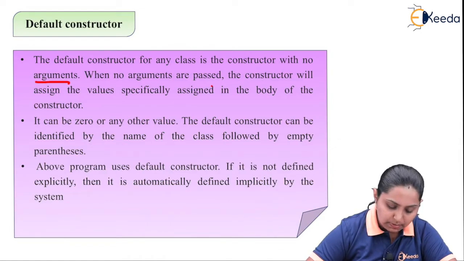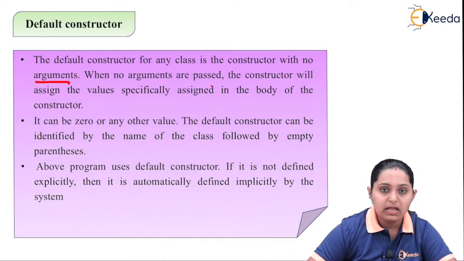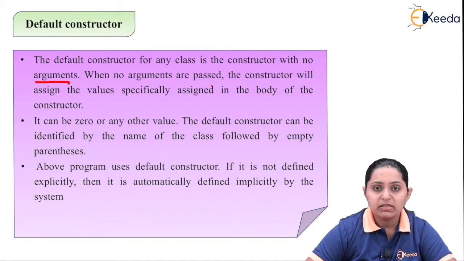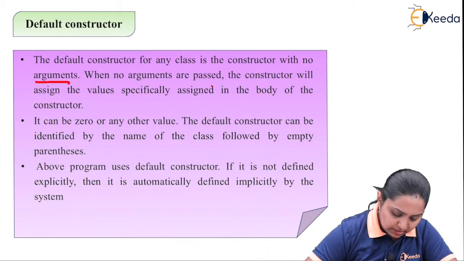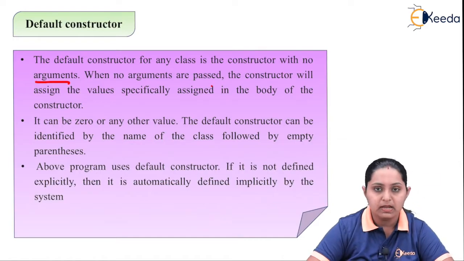As we have seen in the above program, the default constructor is declared as MyClass without the parameter. If it is not defined explicitly, then it is automatically defined implicitly by the system or the compiler.